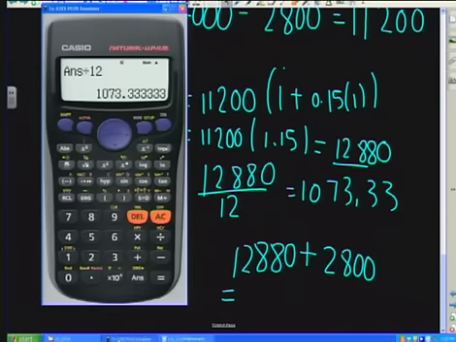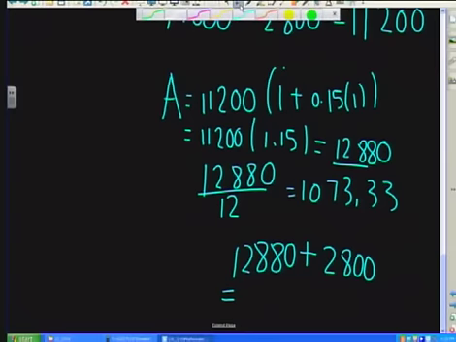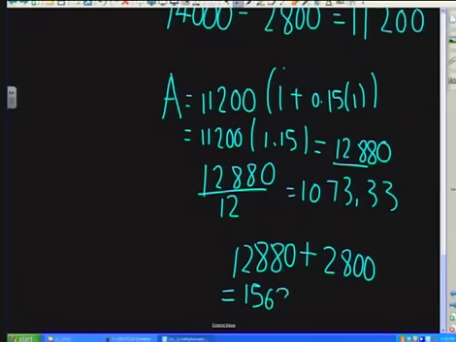Okay, so it's not going to be less than 14,000 rand, which would be a mega bonus. It's 12,880 plus the initial 2,800, and she pays 15,680. So 15,680 on a laptop that cost 14,000 rand.